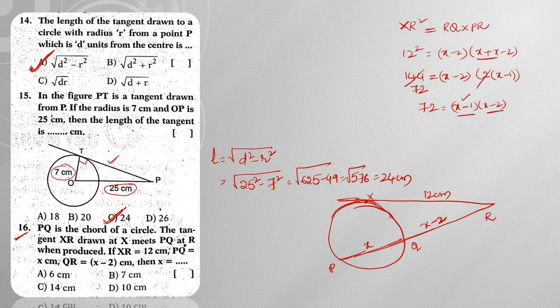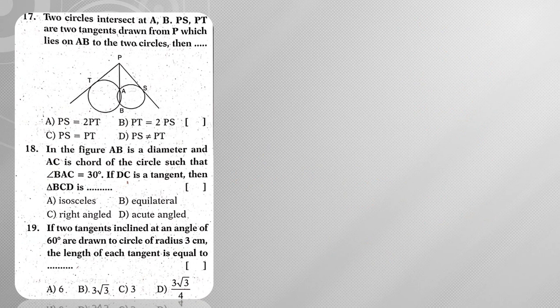Here X minus 1 is the bigger one, X minus 2 is the smaller one. So I can write 9 eights are 72, and since 9 and 8 are consecutive numbers, this is equal to X minus 1 into X minus 2. Now on comparison, X minus 1 is equal to 9, so X is equal to 10. Or you can compare 8 with X minus 2, then also you get the value of X as 10 centimeters. Right.